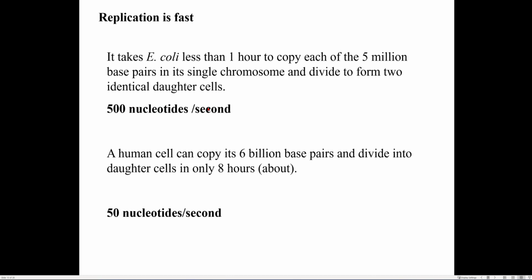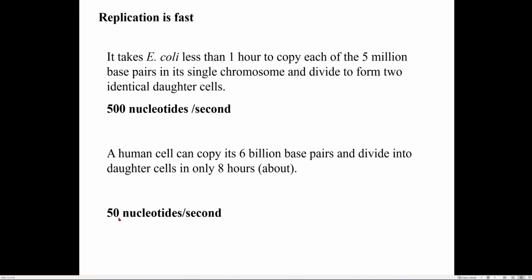Can you imagine typing 500 letters per second? Now, humans, we're not that fast. In human cells, we can only copy about 50 letters per second, but man, that's still good, right? Can you imagine being able to type 50 characters per second? So that's fantastic. That means about the fastest that a human cell can divide is about 8 hours.